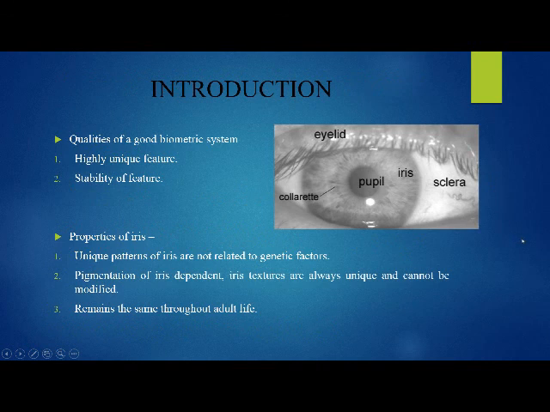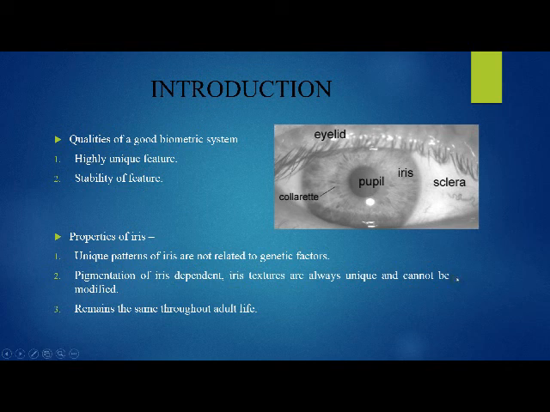To begin with, I'd like to highlight a few qualities that make a good biometric system. A good biometric is characterized by use of a feature that is highly unique, so that the chance of any two people having the same characteristic will be minimal. It should also be a feature that is stable over a period of time and is easily captured and used in the system.